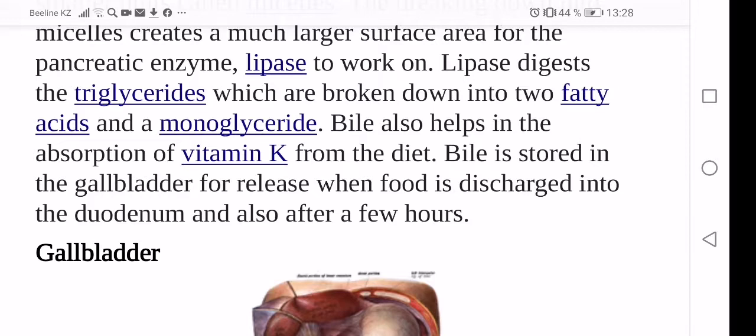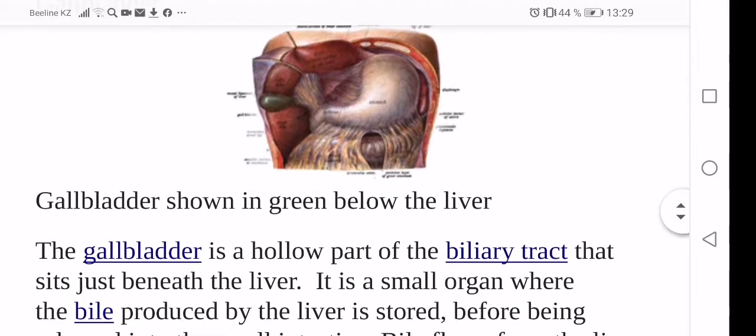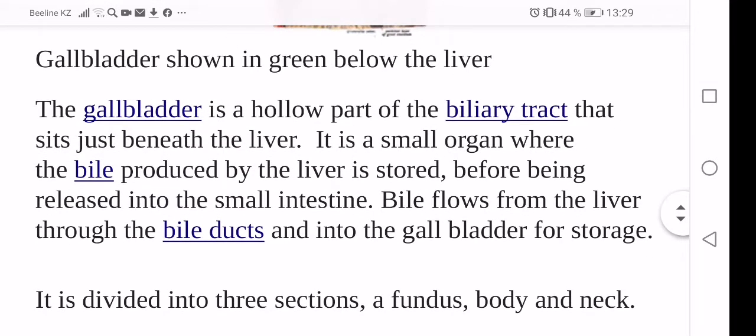Bile is stored in the gallbladder for release when food is discharged into the duodenum and also after a few hours. Gallbladder structure shown in green below the liver. The gallbladder is a hollow part of the biliary tract that sits just beneath the liver.